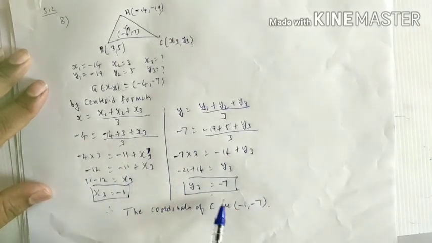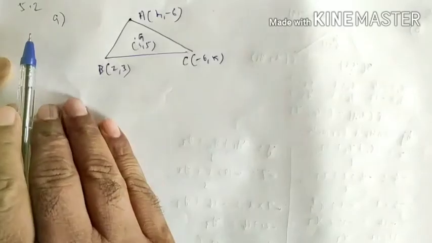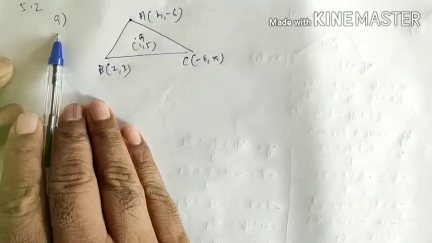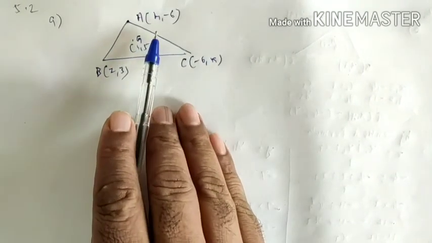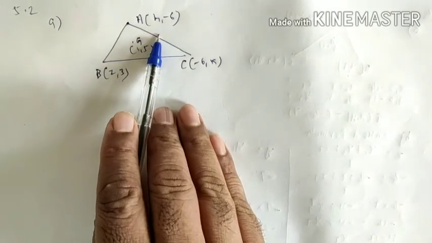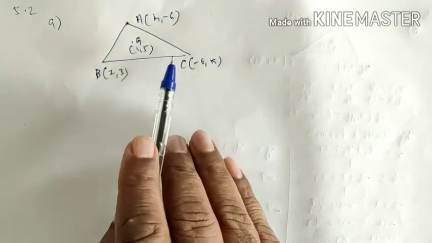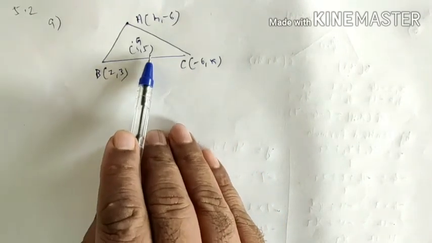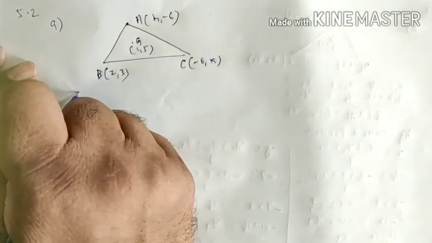We are getting x3 equal to -1 and y3 equal to -7. See exercise 5.2, question number 9. Here see in triangle ABC, coordinates of A is (h, -6), B is (2, 3), C is (-6, k), and centroid's coordinates are given (1, 5). Our question is to find h and k.